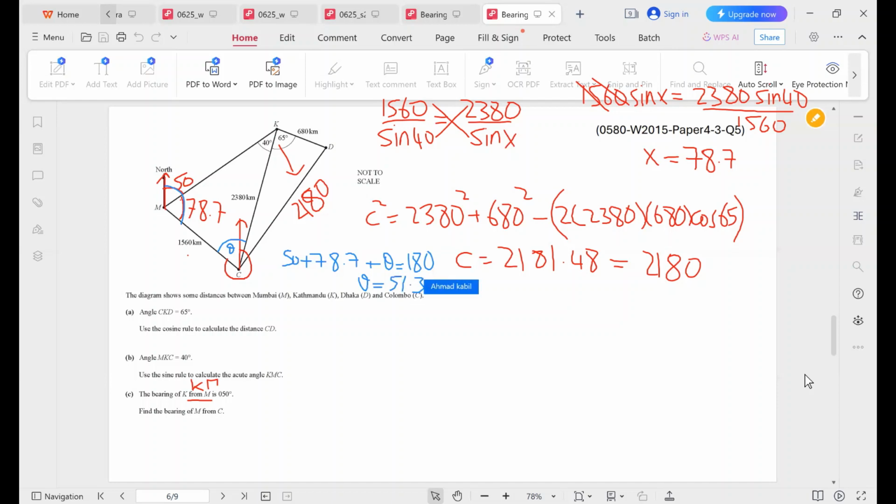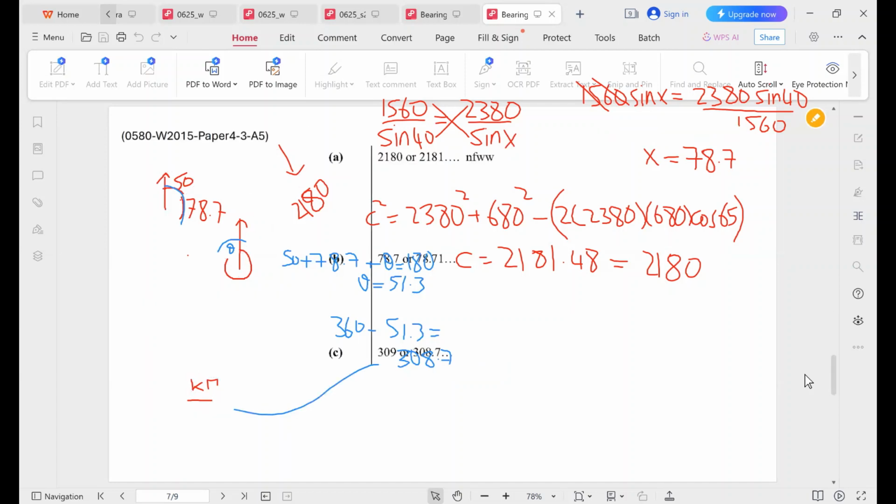So the required angle here would be 360 minus 51.3. And you get 308.7. This is the required bearing, which is approximately, of course, 309 to three significant figures. But anyway, even 308.7 is correct.